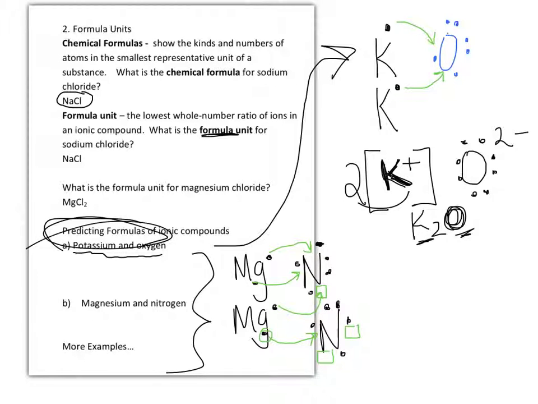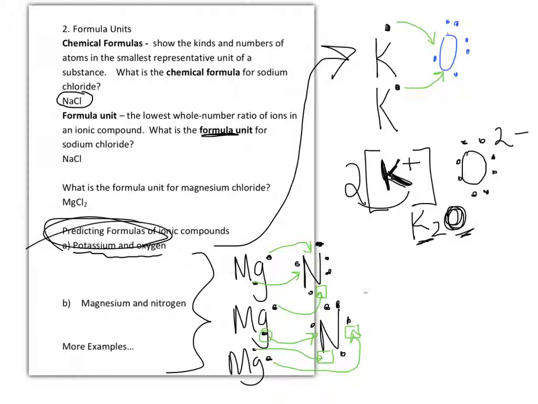Therefore, what you're going to do is add another magnesium. I'm kind of running out of space, but I think I can do it. So another magnesium with 2 valence electrons, and those will go over. And now every one of these has lost or gained the amount they need for octet.